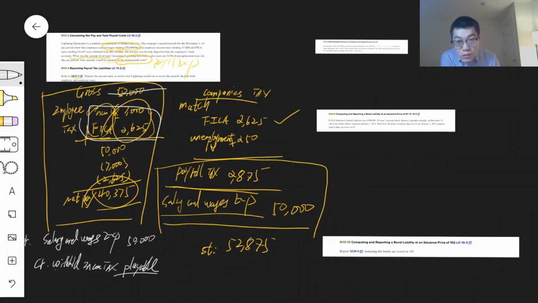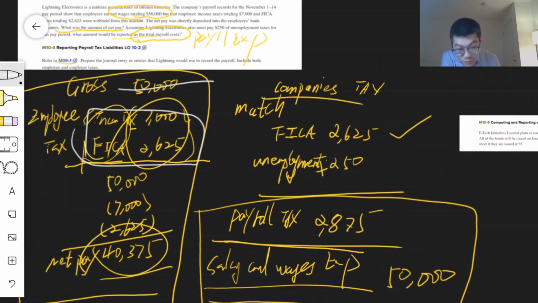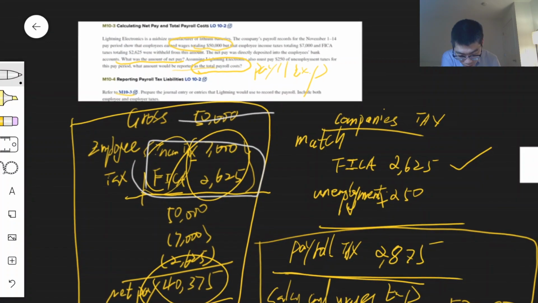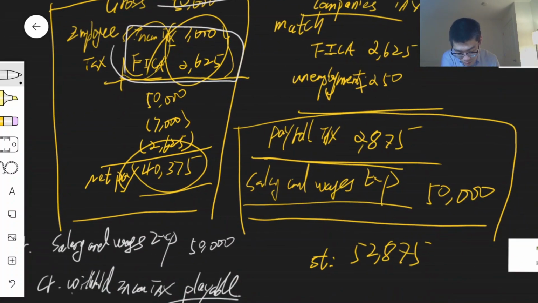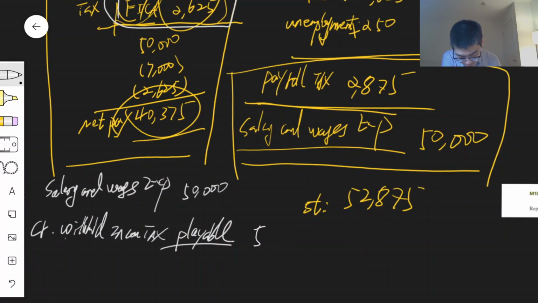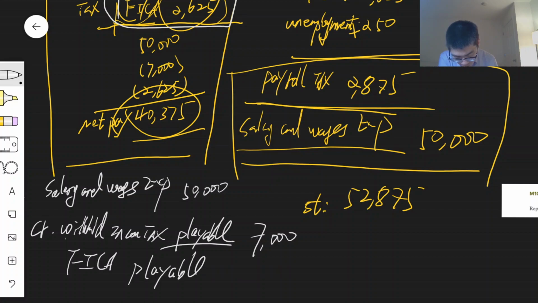Withhold income tax payable is $7,000. And we also have FICA payable, and that is $2,625.